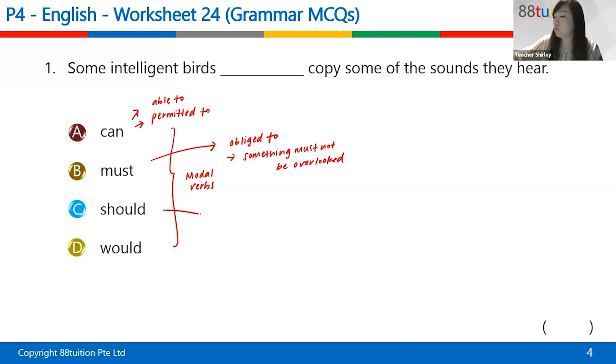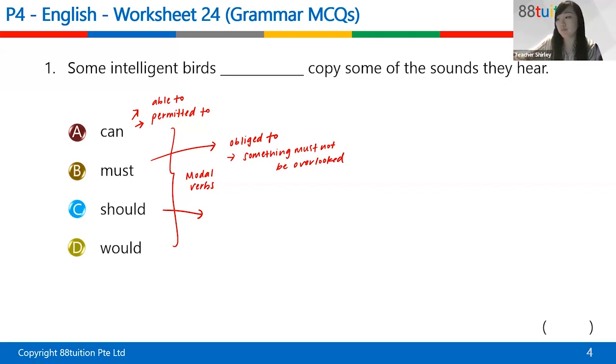Now should is, I would say, lesser in intensity than must, because must means you don't really have a choice. If I say you should perform your duty as a prefect or something like that, basically it also means obligation.